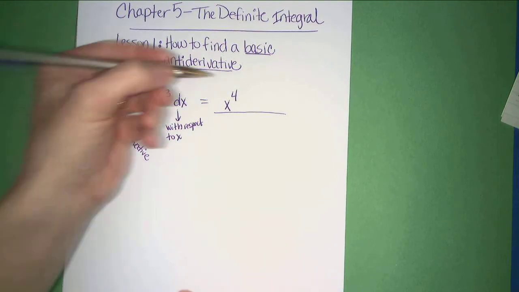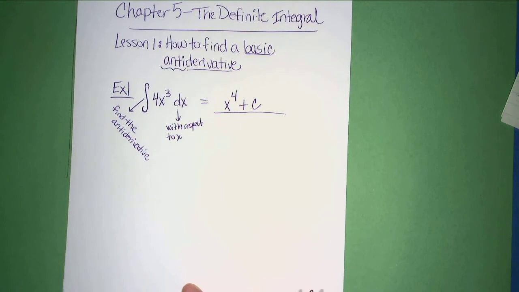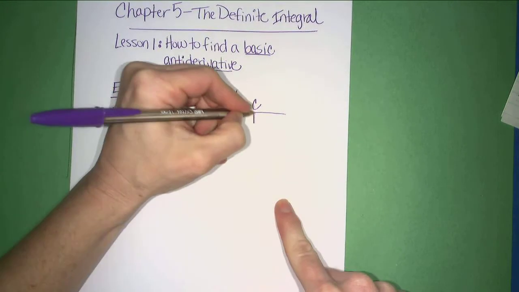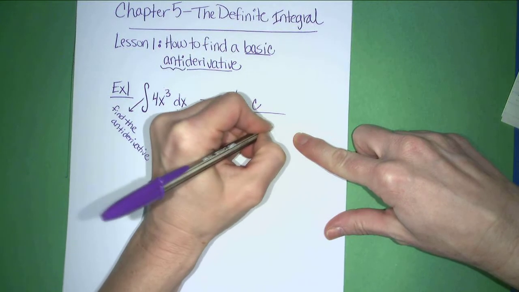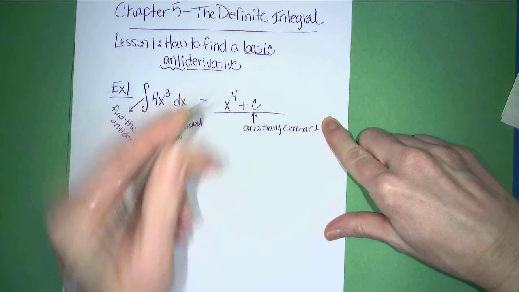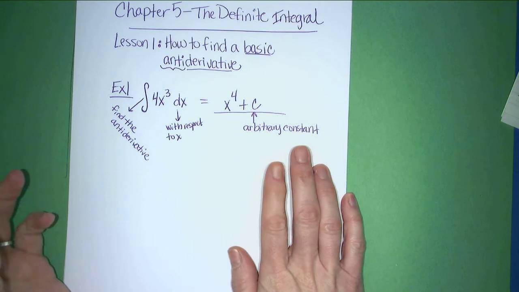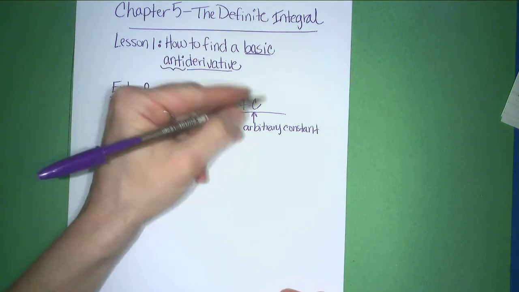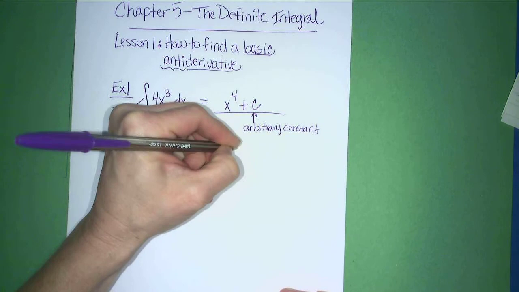Now, to finish this, I'm actually going to add a constant c to the back of my answer. This is an arbitrary constant that we add to the back of all antiderivatives because the derivative of a constant is 0. So we could have, let's say the constant is x to the fourth plus 15.